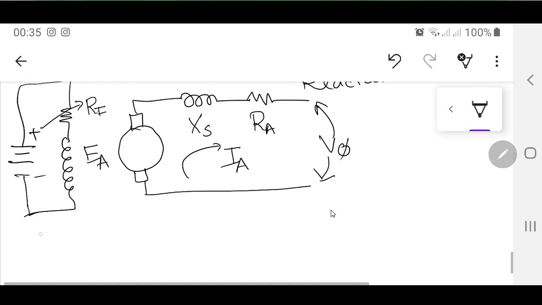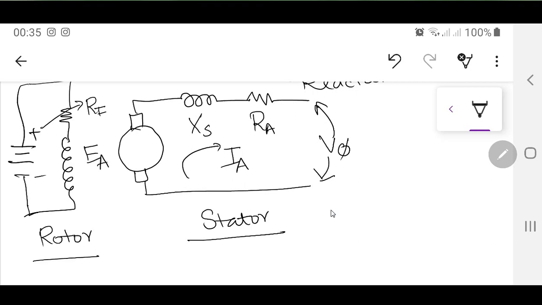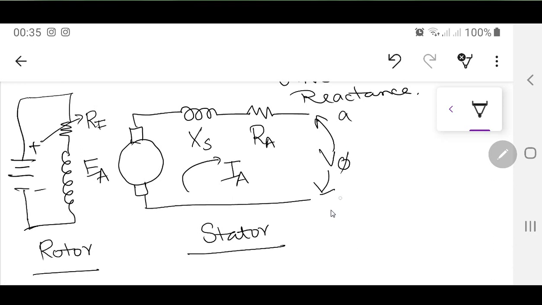So this over here is actually the rotor, and this one over here is the stator equivalent circuit. Now this is just for single phase. You can call it A dash or B dash or C dash. But again, this is the per phase analysis done like this.